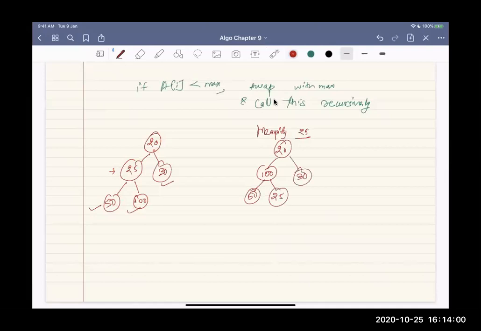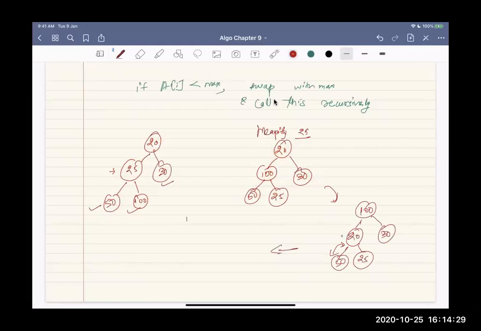Okay. Now again you go back. Now the only node left is 20. So for 20 again, this is a heap, this is a heap. Compare the max, max is 100. 100 is larger than 20, you swap. So from there we go to 100, 20, 30, 50, 25. Again 20, you compare with the two. So max is 50. So you swap.